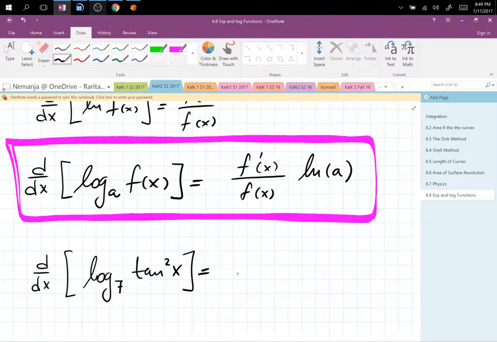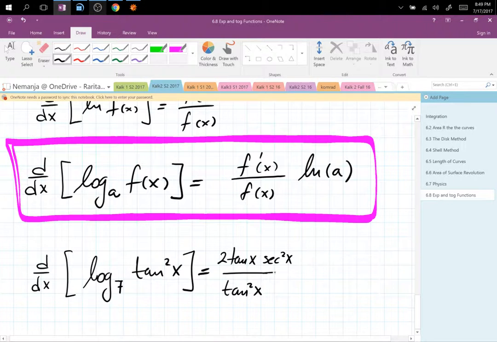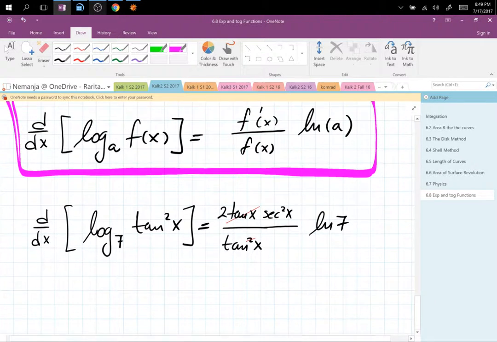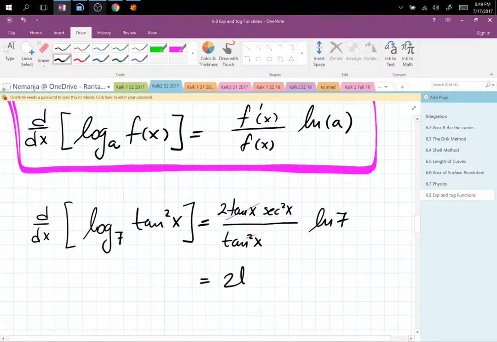So we write the function as is, tangent squared x, in the numerator. Then we have 2 tangent x, and the derivative of tangent is, very good, secant squared x, times ln 7. So one of the tangents dies, and we are left with 2 ln 7 times secant squared x over tangent x.